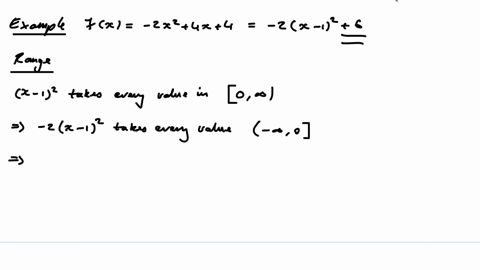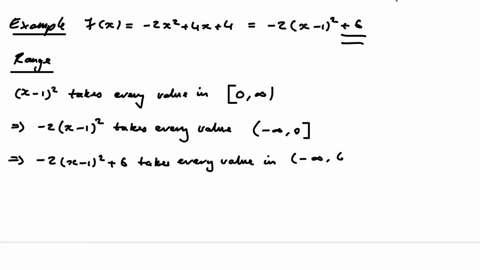So this would imply minus 2 times (x minus 1) squared plus 6 takes every value in minus infinity up to 6. This is a good quantitative reasoning exercise. So this is going to be the range of your function.